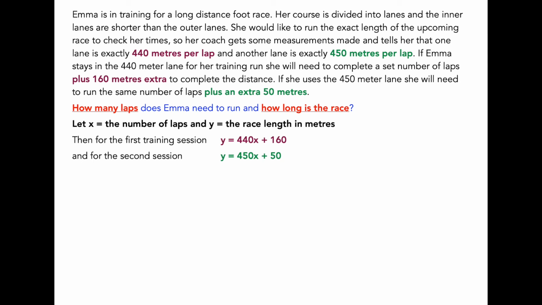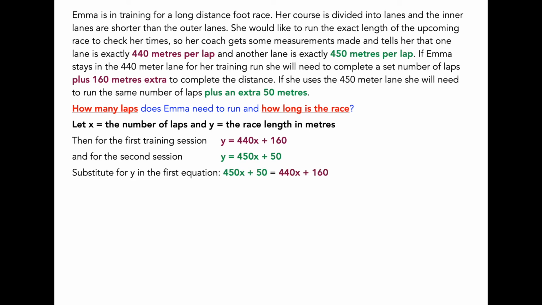And when Emma undertakes the second session, she will run 450x, y equals 450x plus 50 meters. So y equals 440x plus 160, and y equals 450x plus 50, our simultaneous equations.